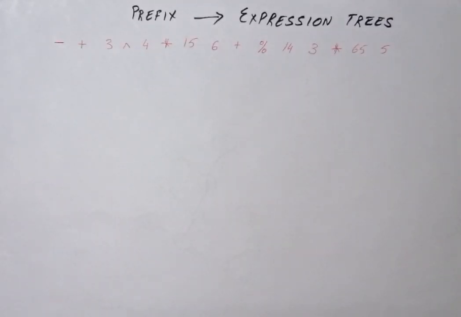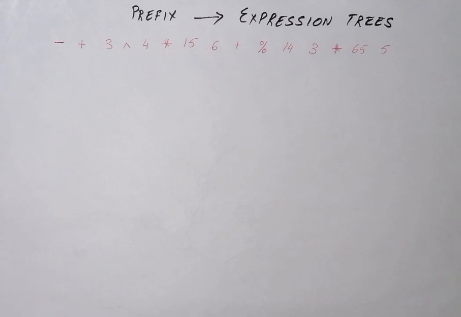Now what we want to do is build an expression tree from this given equation. Here we must know the rules to convert a prefix expression into an expression tree.